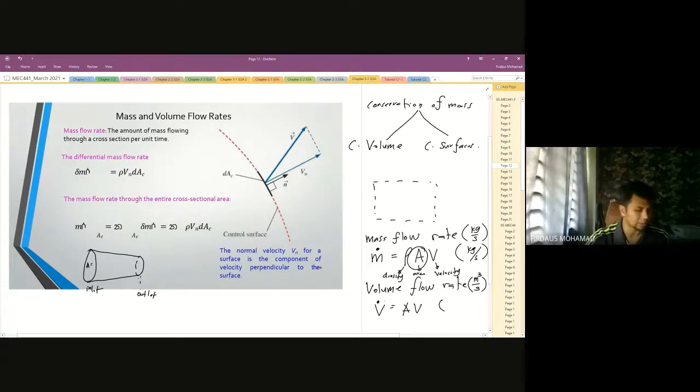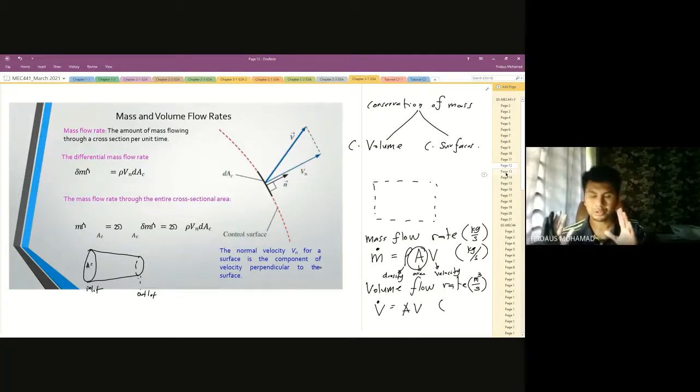Okay, so you akan sentiasa jumpa benda mass flow rate, volume flow rate untuk analisis, untuk this type of analysis, ada fluid mechanics ke thermodynamics, you akan sentiasa apply the mass flow rate and also volume flow rate. Boleh?